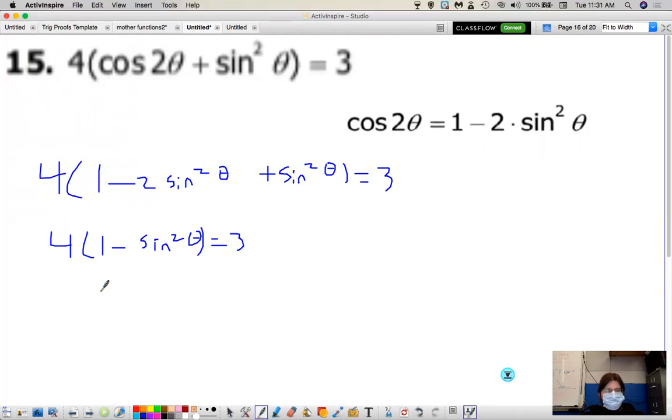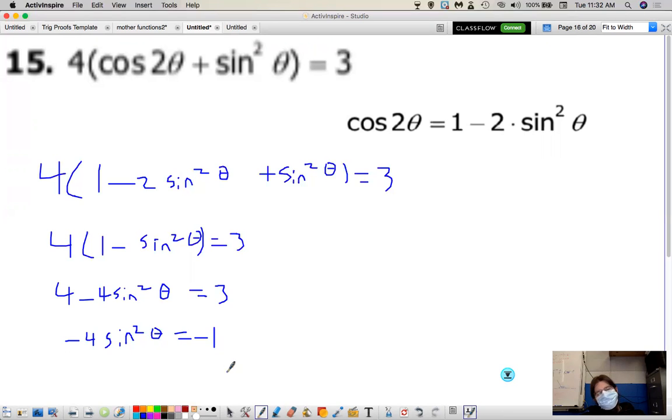Distribute. So we get, yeah, that's going to work. Negative 4 sine squared theta equals negative 1.